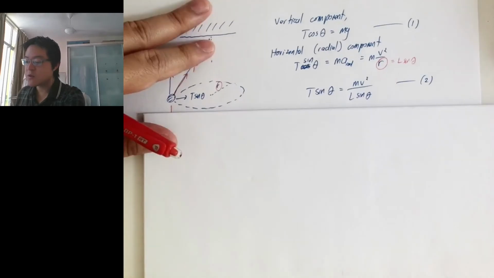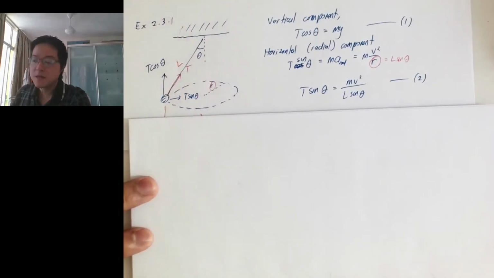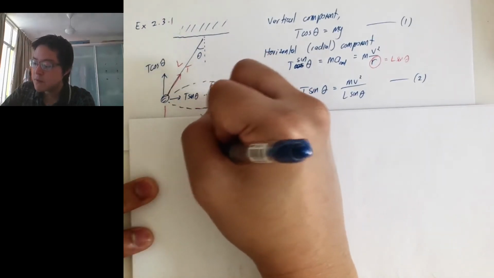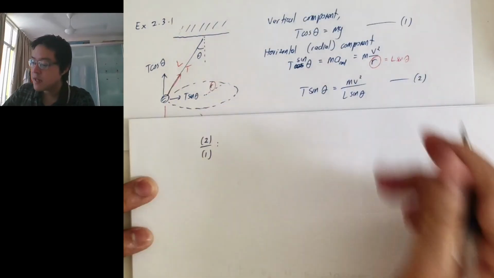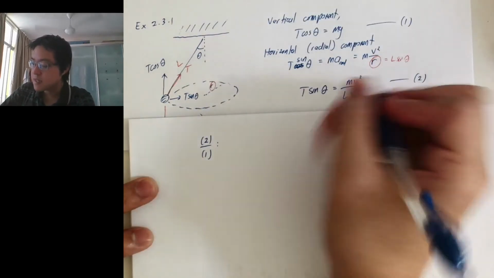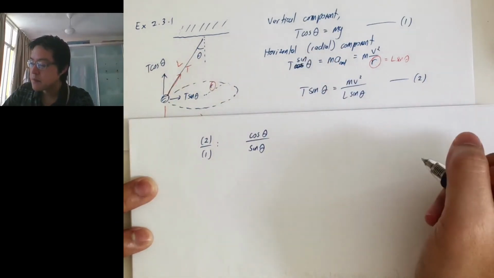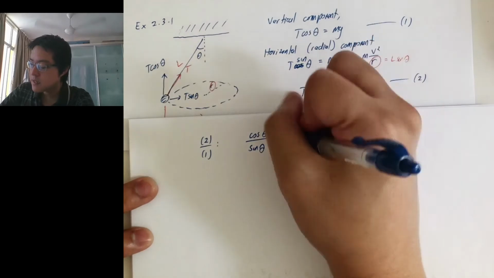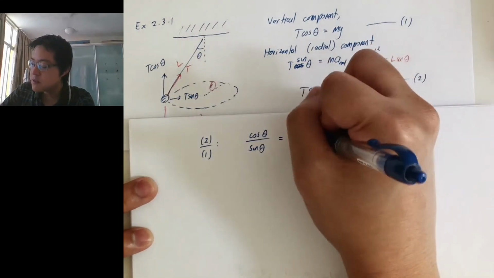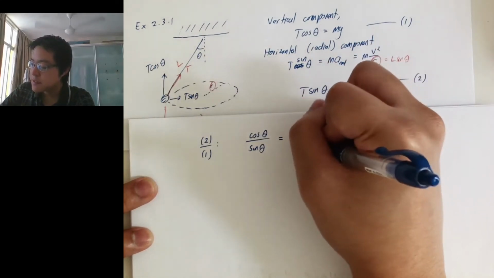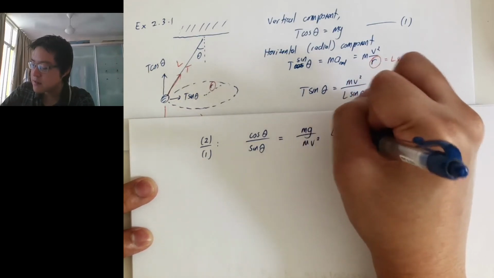Then just eliminate the T because the T is unknown, right? We just want to get the v. So we just take equation 2 divided by equation 1. So on the left hand side is cos over sine, and then on the right hand side is mg divided by mv squared times L sine theta. Am I right?